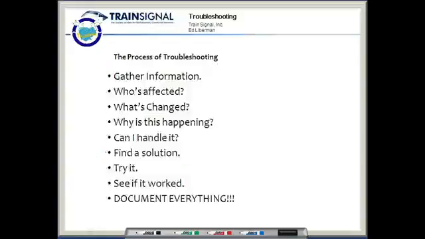Now, before we get into this at all, I want to tell you that when it comes to troubleshooting, there's no one magical thing that I'm going to tell you right here, right now, that's going to make you the absolute foremost troubleshooting expert. Basically, troubleshooting is an overall process of, first of all, having an understanding of how things work.